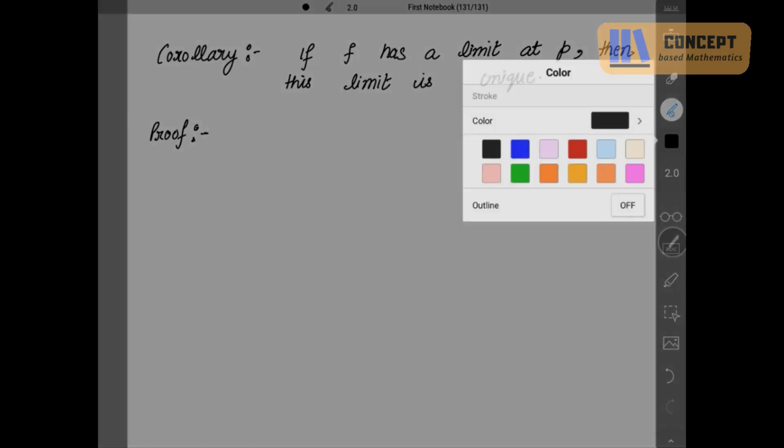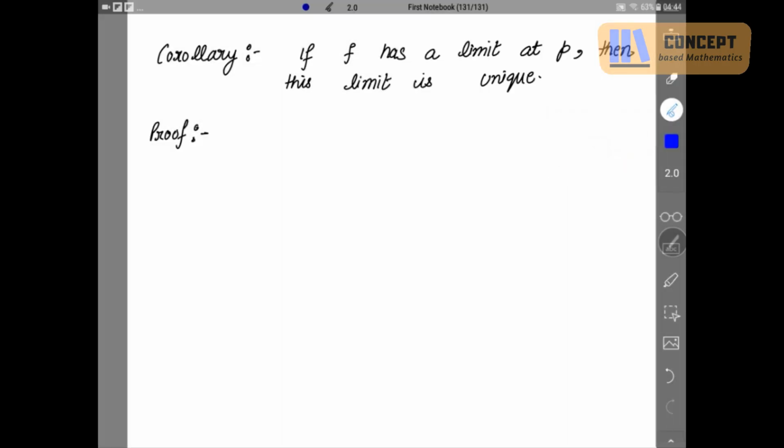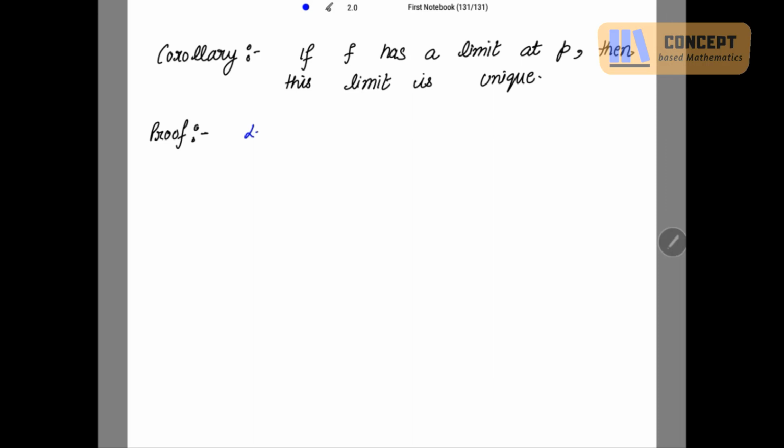Where P is a limit point of E, that is a subset of X. So let's take two metric spaces.